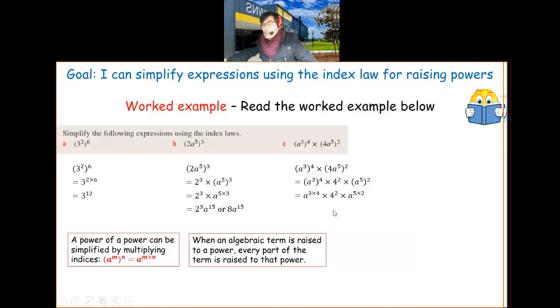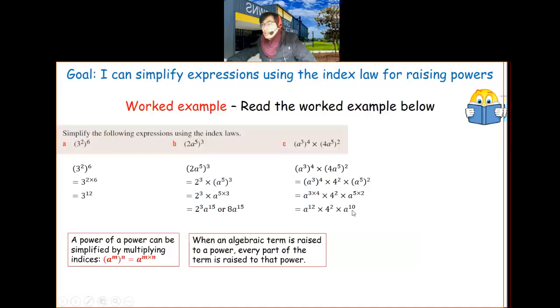And then I'll unpack the rest of the brackets. So I have a raised to the power of 3 times 4 multiplied by 4 raised to the power of 2 multiplied by a raised to the power of 5 times 2. So I have a to the power of 12 times 4 to the power of 2 times a to the power of 10.